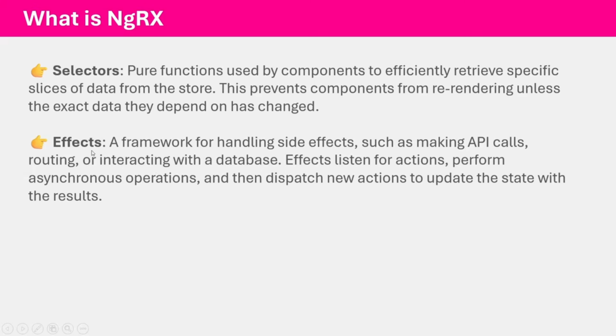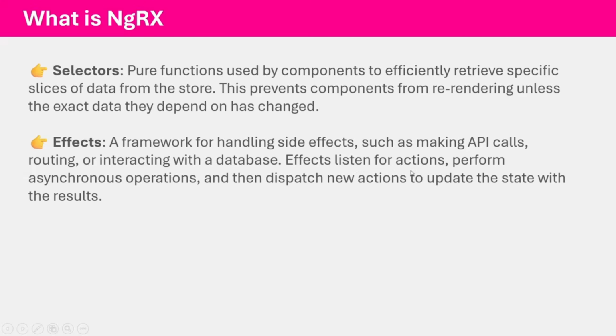So effects are used for handling any side effects in our application. Again, if this does not make sense right now, don't worry. We are going to learn about it in great detail in our coming lectures, and there it will become clearer what a side effect is and why we should use effects for handling it.